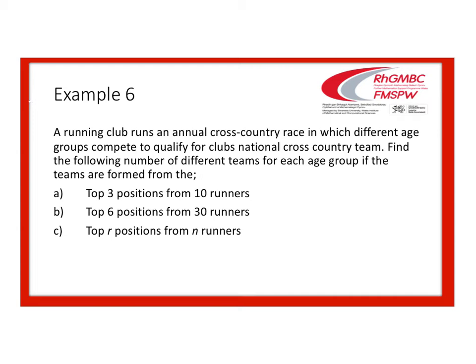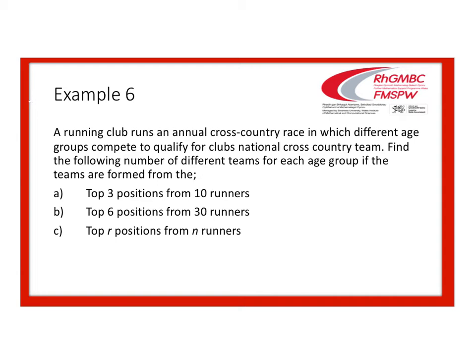Now, what you have to be careful of here is this question looks almost identical to the previous question. In the previous question, we were looking to see how many different rankings we had. Now, in rankings, the order is important, so we want to know the difference between what position Alice is in, or what position Bob is in, or what position Chris is in.